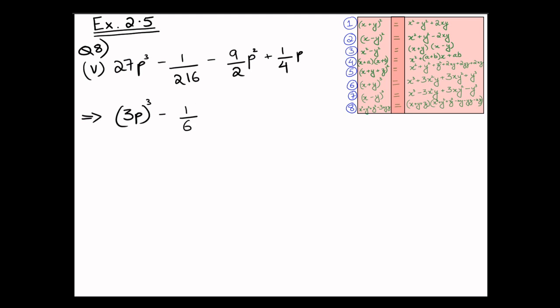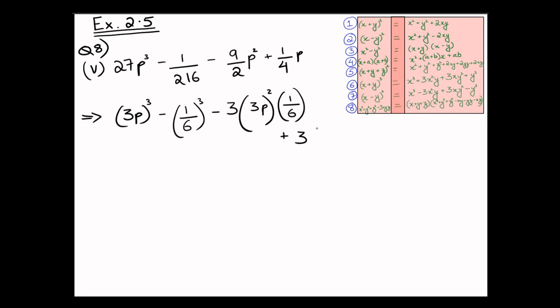This becomes 1 by 6 whole cube minus 3 into x square y, which in this case is 3p square into 1 by 6. Sounds about right.